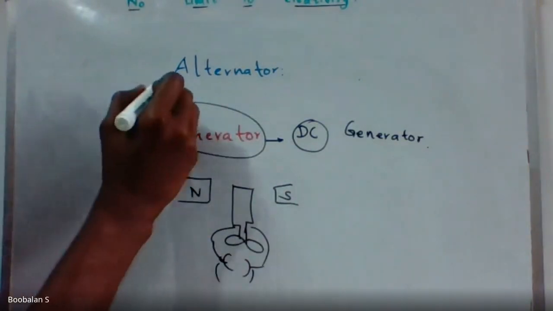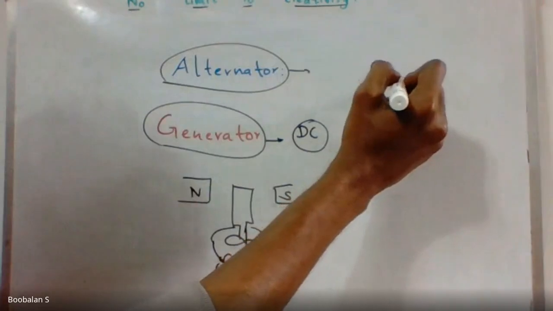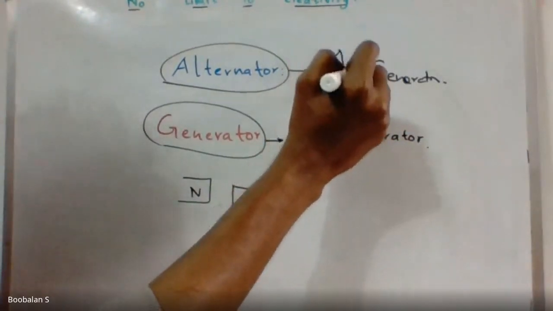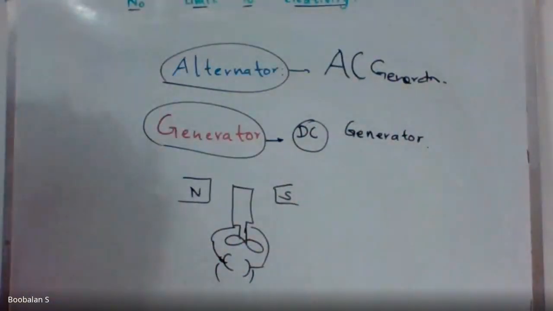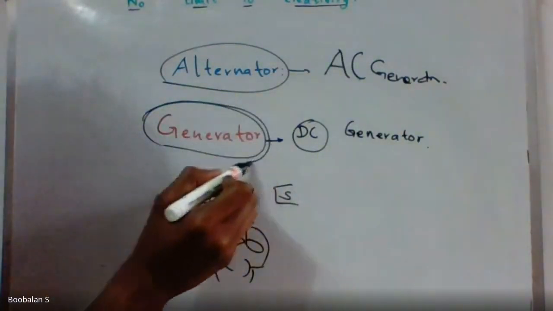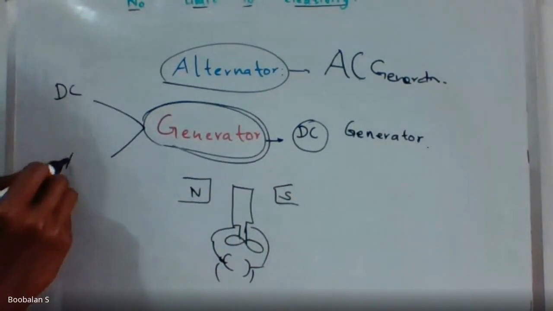See, what the alternator has to do is also generate something. It also acts as a generator, but it is going to generate only AC voltage. As a common name, a generator is able to generate DC as well as AC.